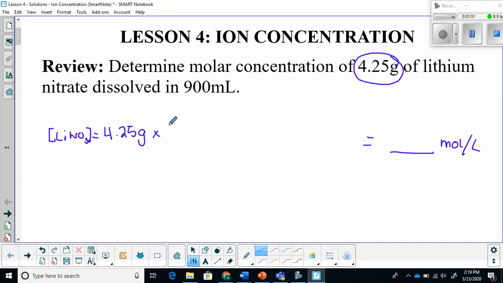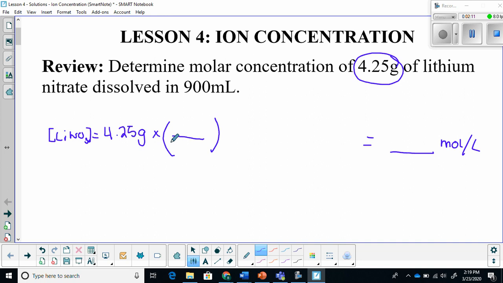Okay, so we need to get moles in the numerator. We need to get rid of this grams. That is nowhere near anything that relates to our goal. However, it bridges us to our goal. So we're going to use molar mass here.